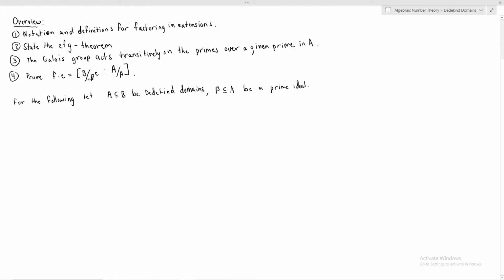The ideal P generates in B is going to factor into some product of primes. Let's say PB is equal to P1 to the E1, through PG to the EG.